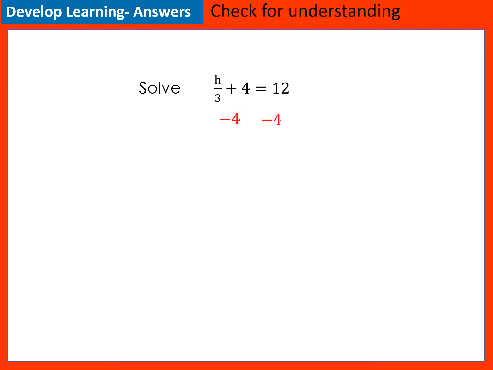So we need to subtract 4 from either side, leaving us with h divided by 3 equals 8. We now need to unpick the divide by 3, which we know the inverse of is multiply by 3. So we multiply both sides of the equation by 3, leaving us with h equals 24. I hope you got it right.